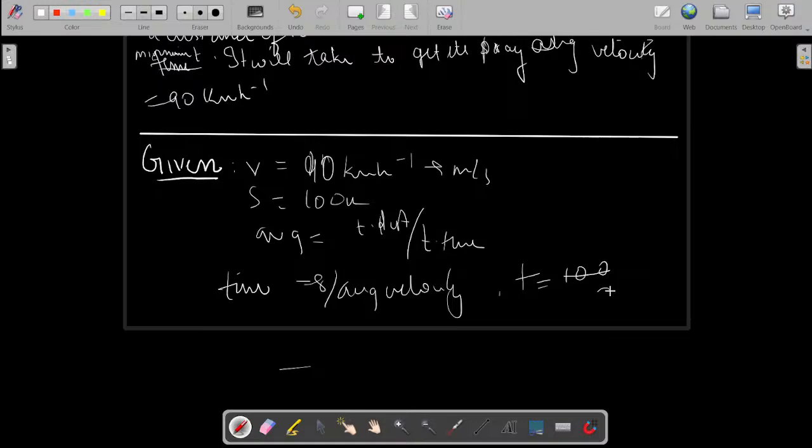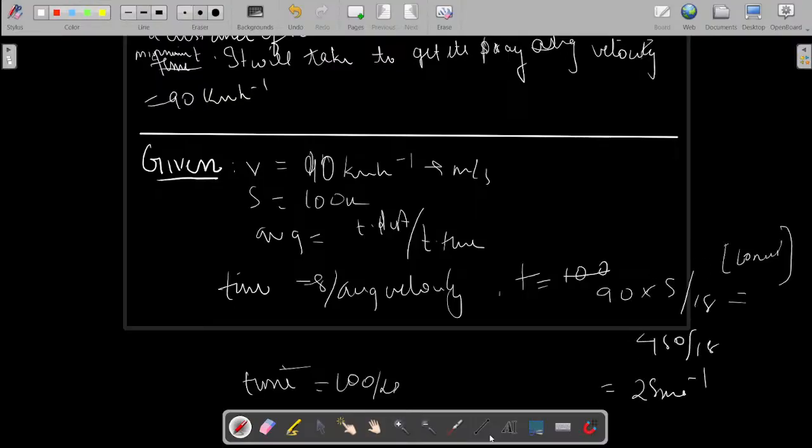Here it's a conversion. Time is equal to 100 by 25, which is equal to 4 seconds.